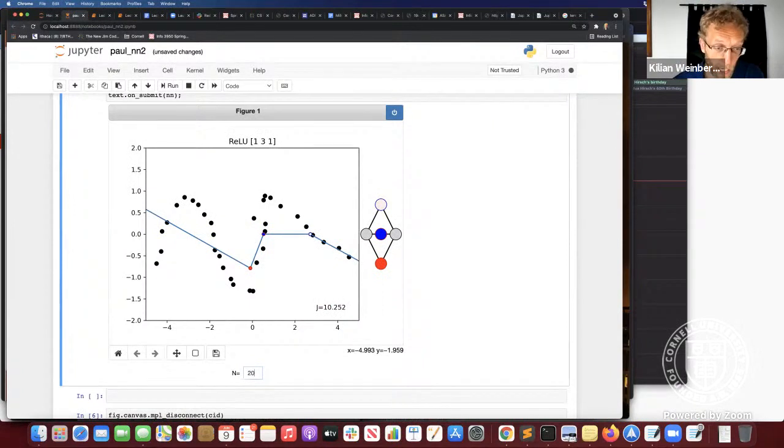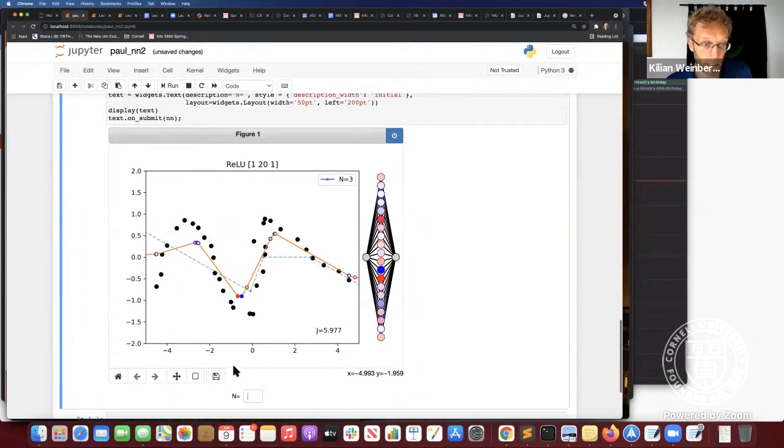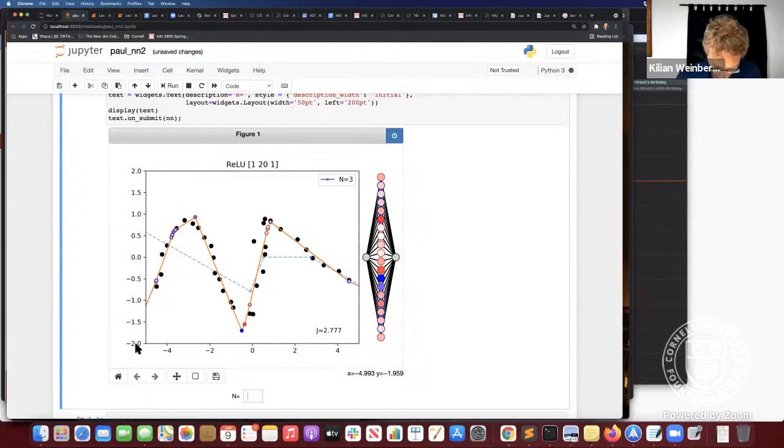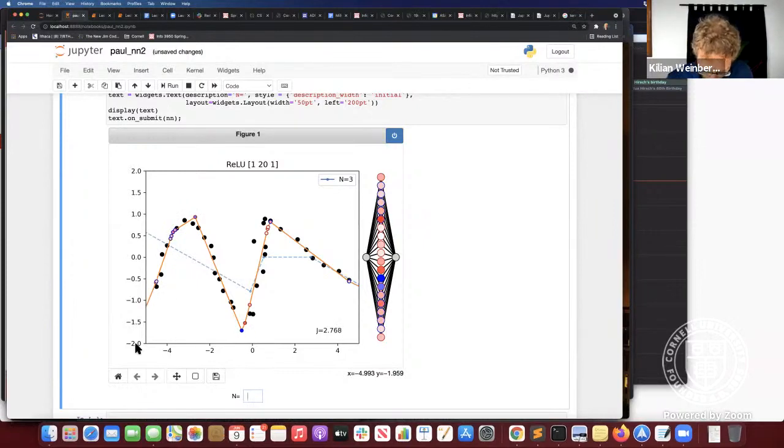But let me add 20 kinks. So I had 20 hidden nodes. You can actually see now I can approximate this function really, really well. I don't know if there are any questions about this demo. Actually, I cannot see the questions right now.